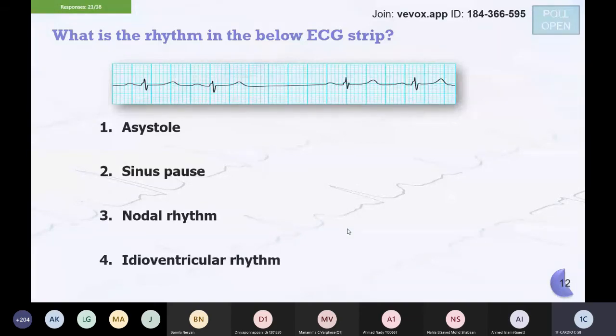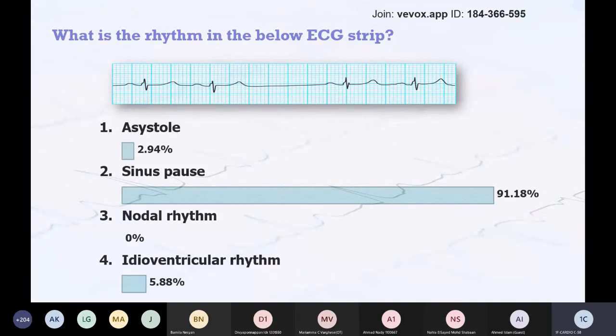So I guess many people are participating. I can tell you that I don't see names here, so don't be shy, give it a shot, and no problem. We have 33, 34, good guys. Sinus pause 91%, so I think we started here to succeed. Good guys.